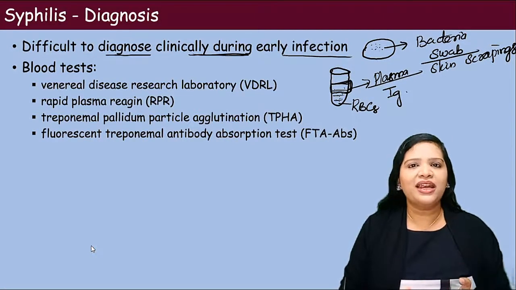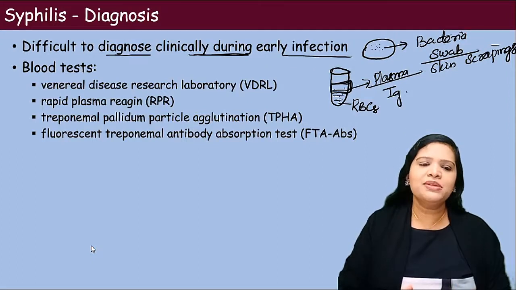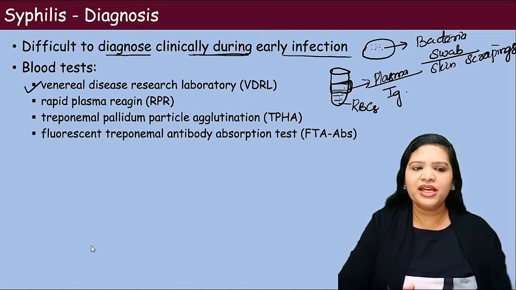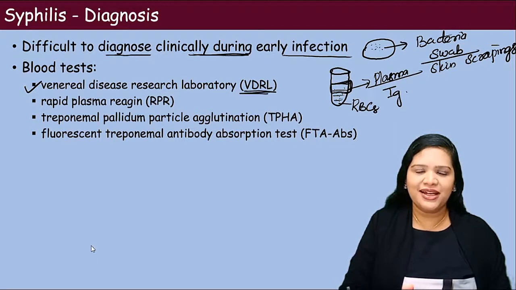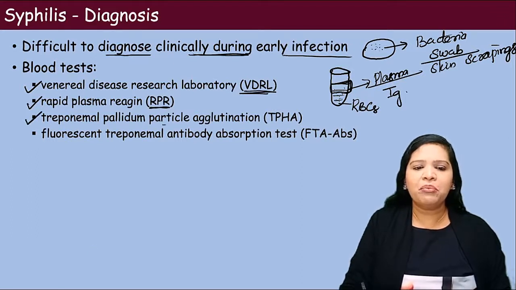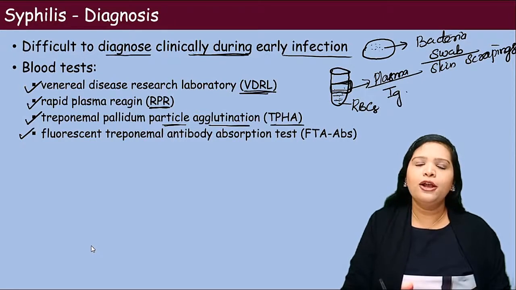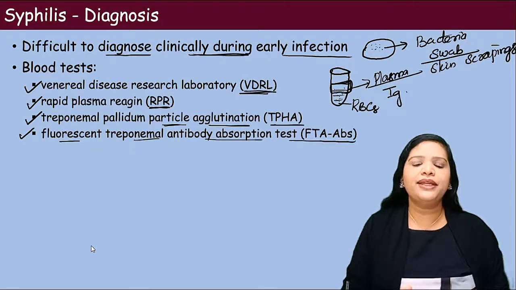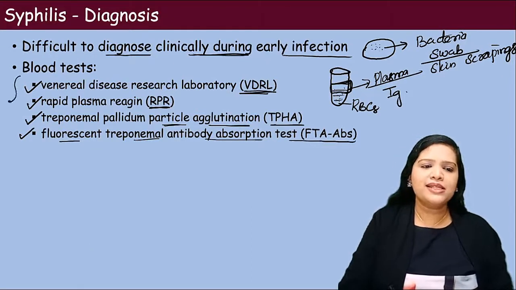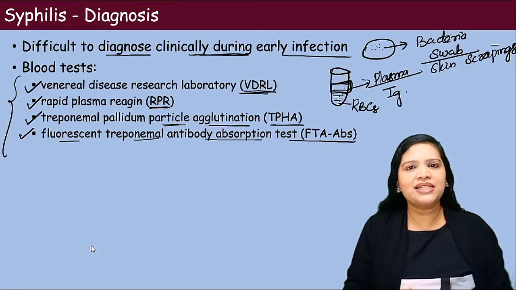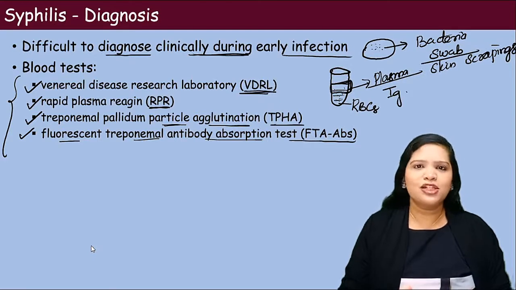Now we have to identify this using serological techniques: VDRL, the Venereal Disease Research Laboratory test; RPR, the Rapid Plasma Reagin test; TPHA, the Treponema pallidum particle agglutination test; and FTA-ABS, the fluorescent treponemal antibody absorption test. All these tests detect antibodies against this bacteria.